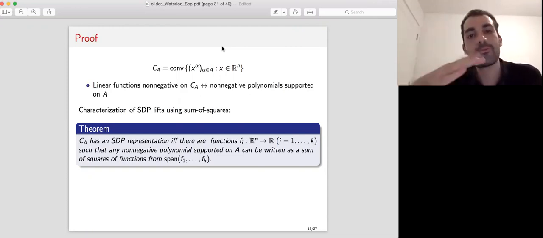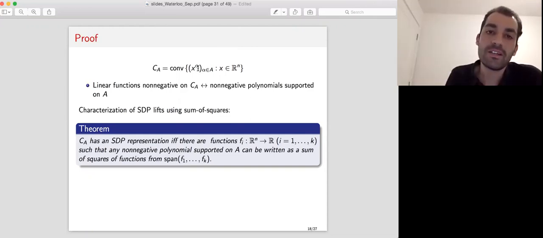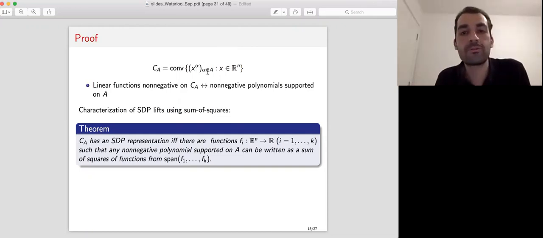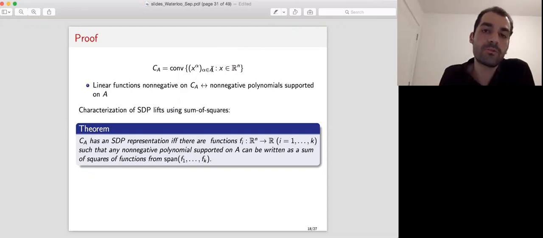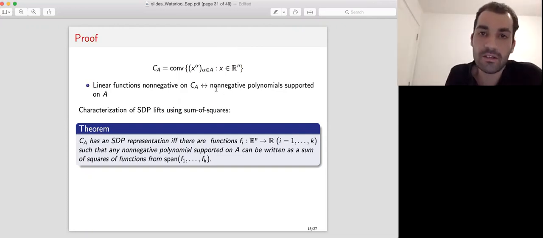One moment of thinking tells you that a linear function that's non-negative on CA is in one-to-one correspondence with polynomials that are non-negative and supported on this set A. Because a linear function that's non-negative on this convex set gives you a polynomial supported on A that's non-negative.